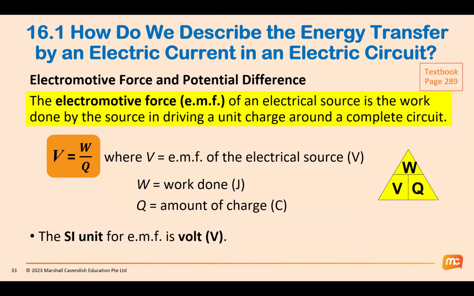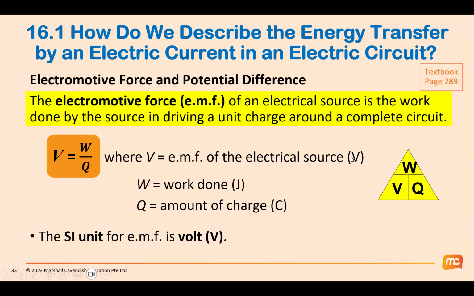Okay, so my formula over here is slightly different from your textbook's. Your textbook is E equals work done over charge. But I don't want to use so many formulas because under potential difference it is V. So I just convert everything to V equals W over Q, whereby V is the potential difference or the EMF, which is measured in volts.